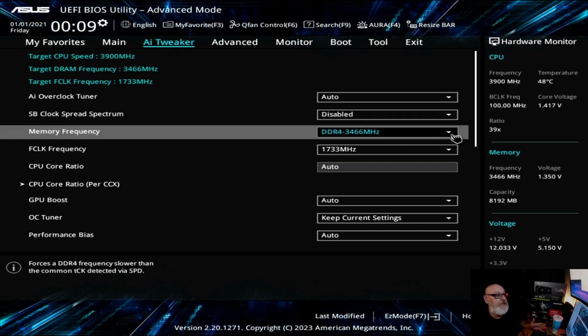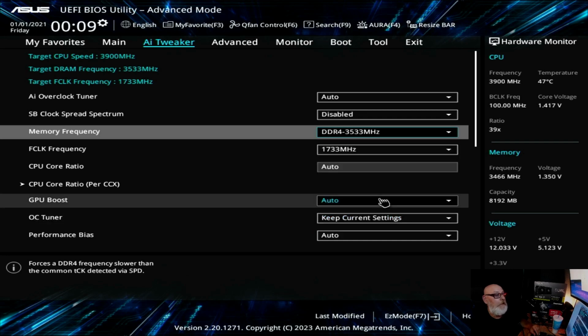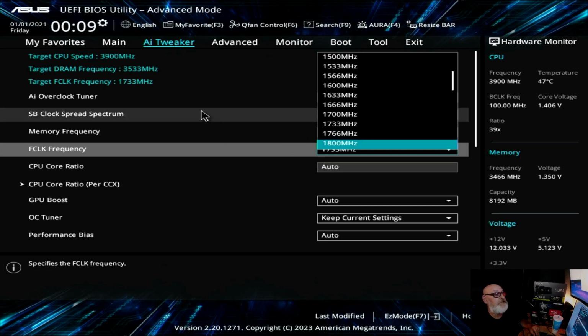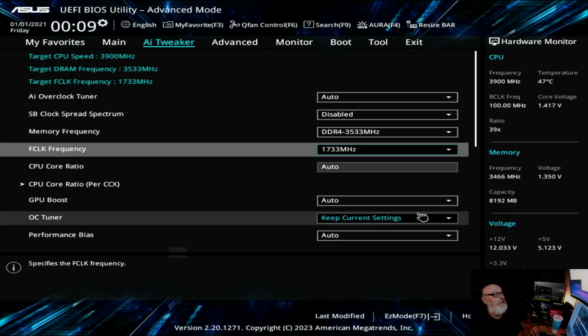I know this seems like it's confusing to you, but it's not. We can go to 3533. And right above 1733 should be the next number, 1766. So to make sure that's true, you take 3533. Make sure you got your calculator out. 3533, and divide that by 2.